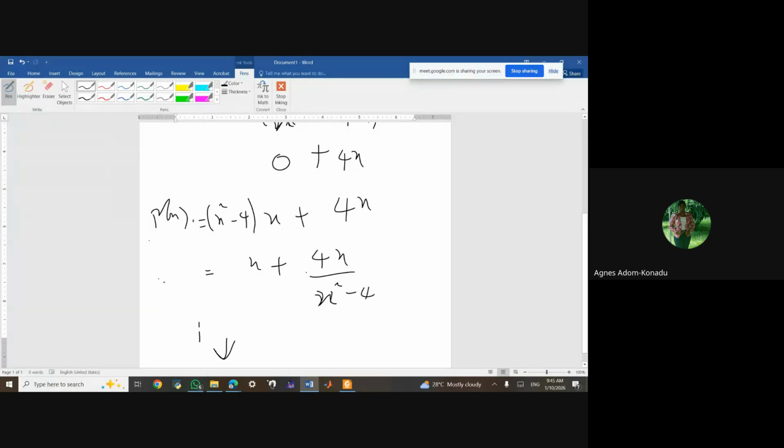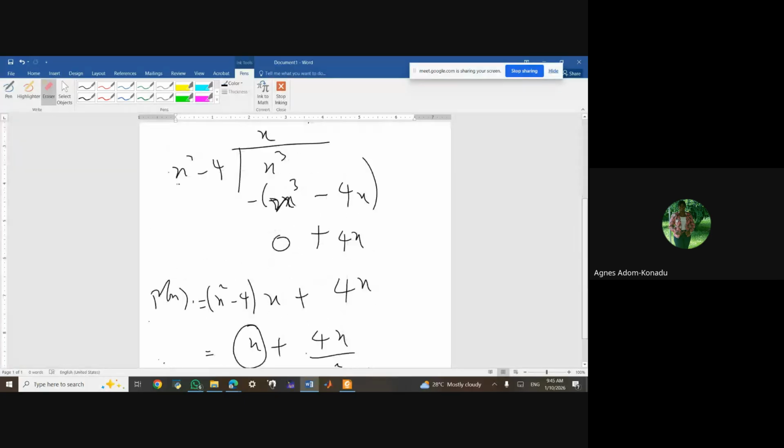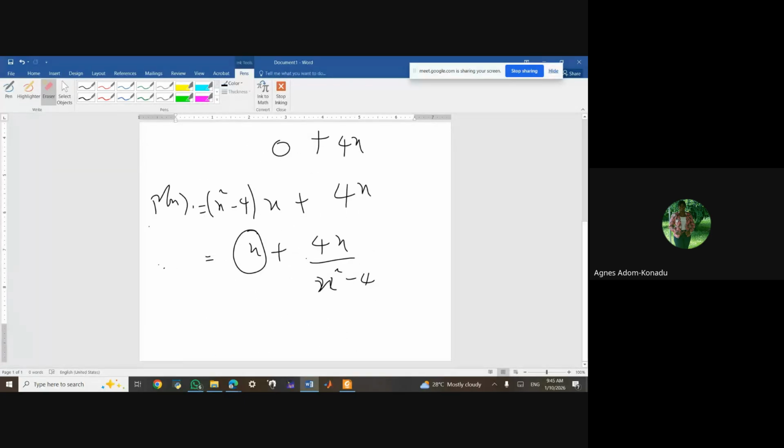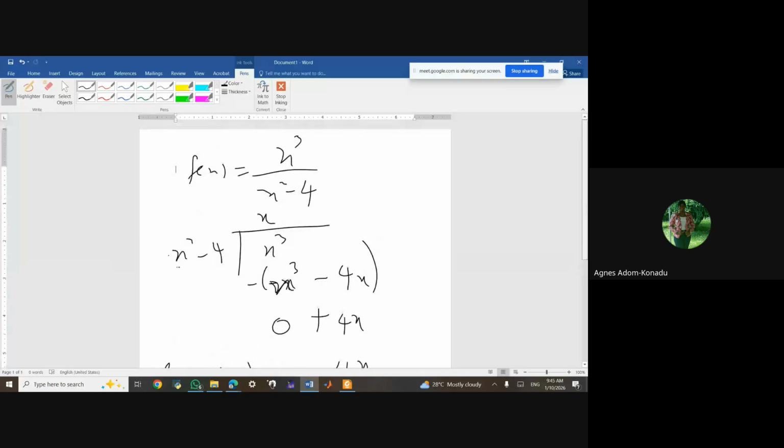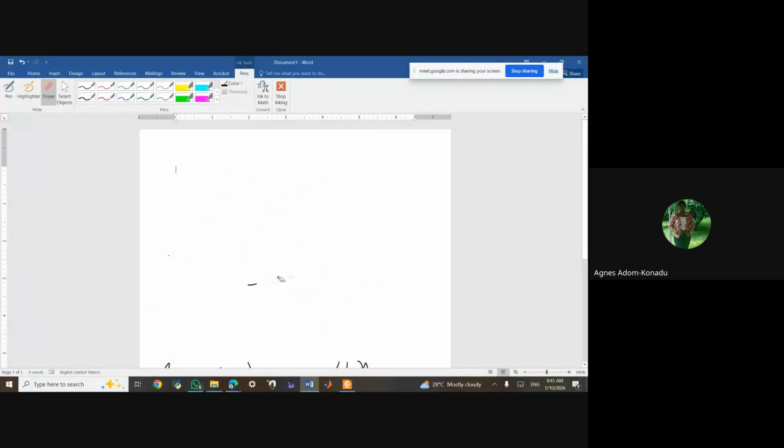Okay, so this, I call this one the oblique asymptote. So oblique asymptote is the quotient. The quotient you get is your oblique asymptote. So the line y is equal to x is what I call the oblique asymptote. Okay, so to sketch this graph, I know that I'm going to get my vertical asymptotes to be plus or minus 2.